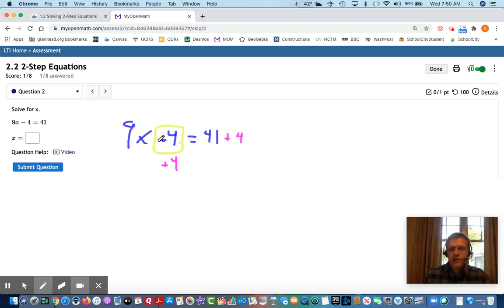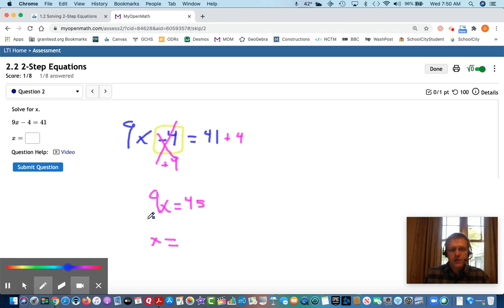And that leaves us with 9x is equal to 45. And so x is equal to, well, here we're going to have to divide by 9 and divide by 9 because that's the opposite of multiply. And 9 goes into 45 5 times.